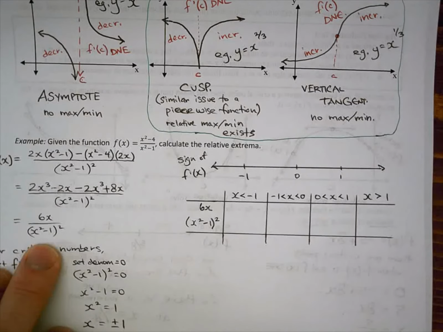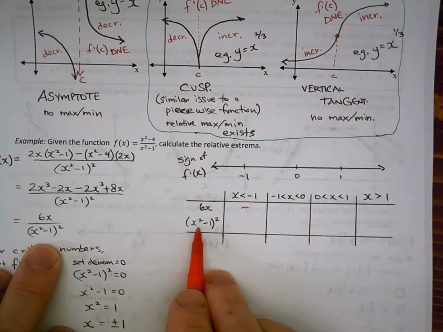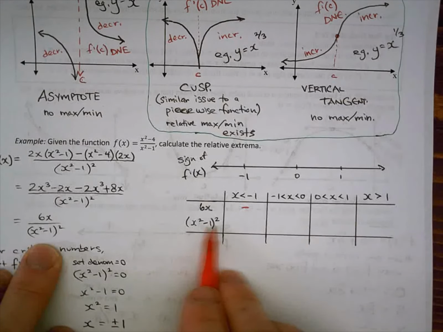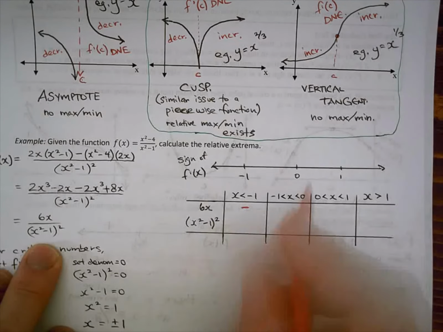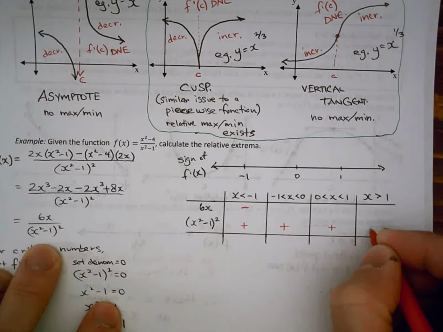So here we go. Let's take a very negative number, negative 2. This becomes negative. I put the negative 2 in here. I get negative 2 squared, which is positive, and then minus 1 is positive, but no matter what, I'm always squaring my answer. So actually this will be positive this time, but it'll be positive every time.